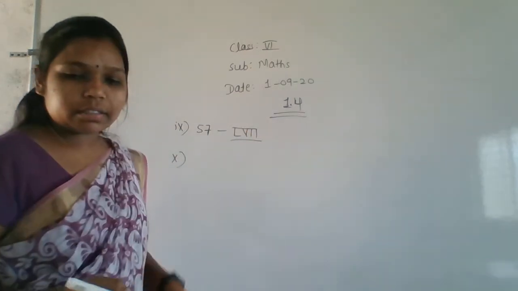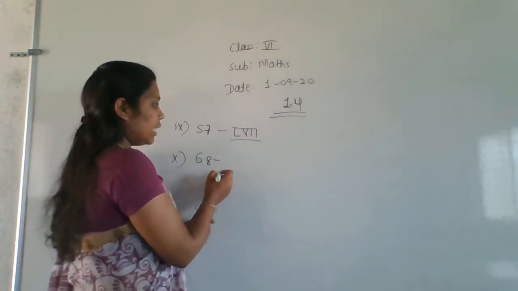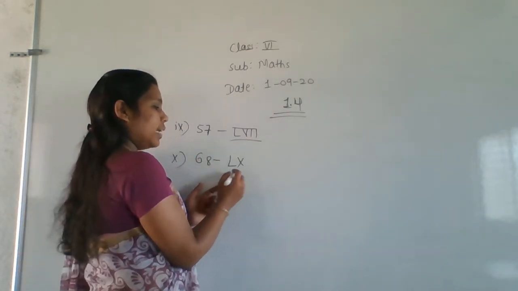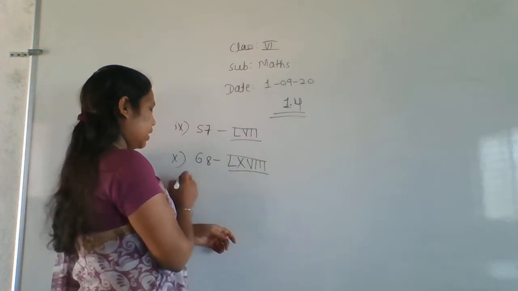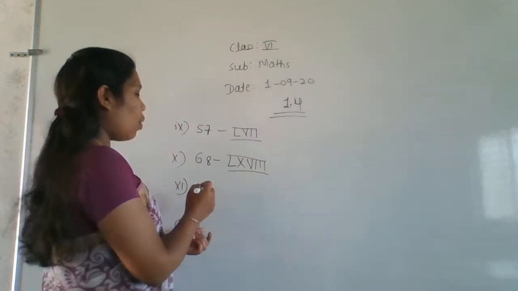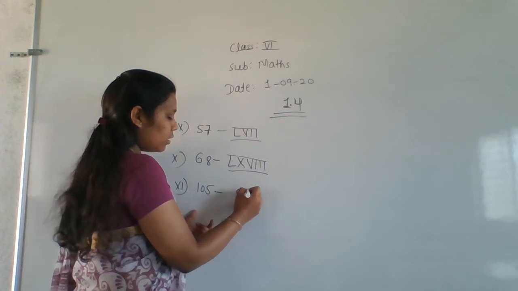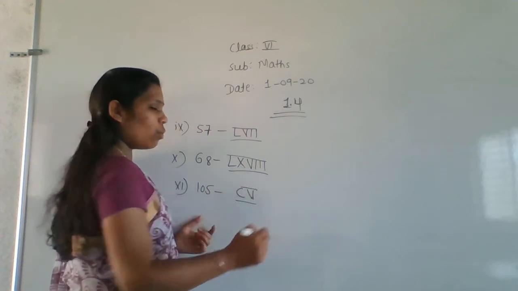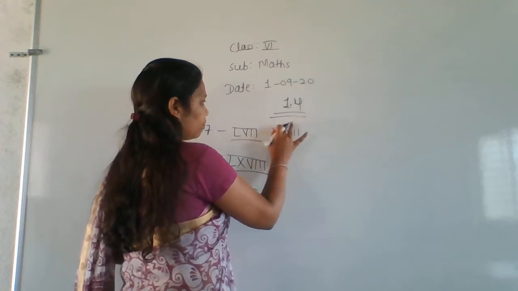Next, 10th one is 68. 68 means first you have to write the 60, LX. After that 8. That is 68. Okay. So next one is 105. How to write 105? C5. That is 105. Next, 12th one.